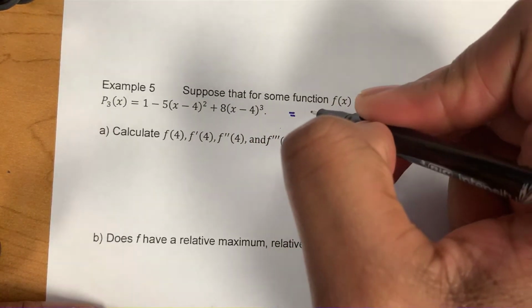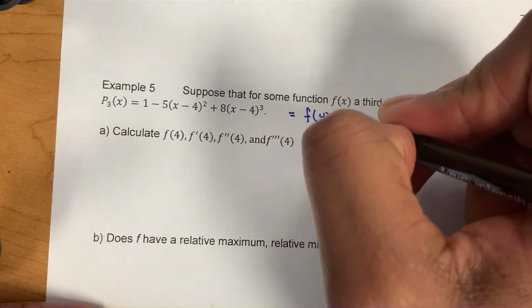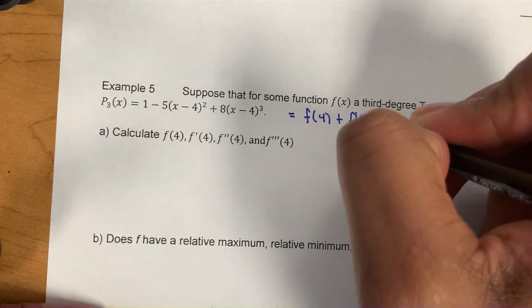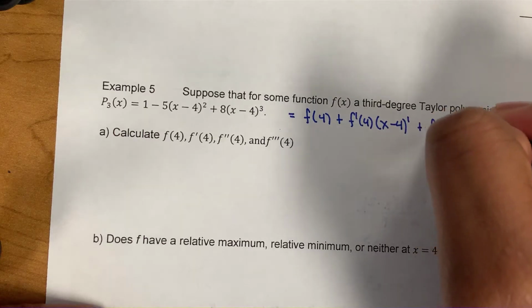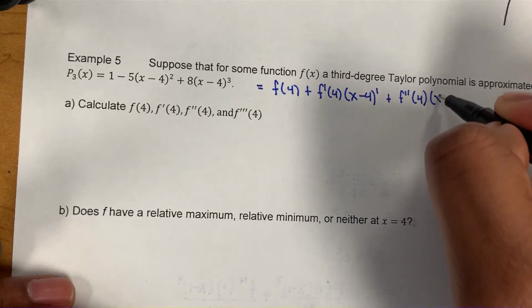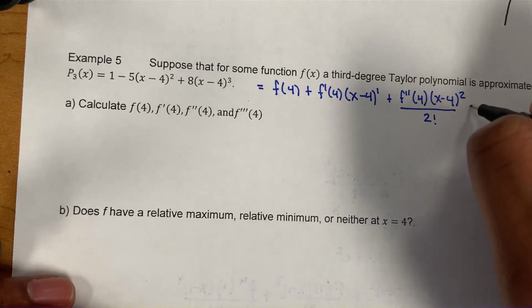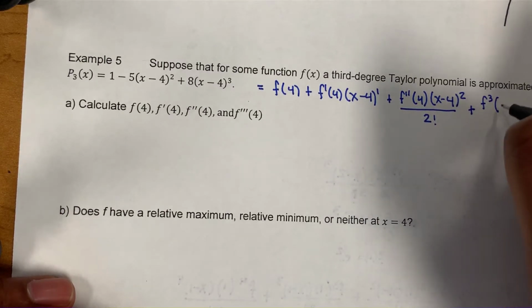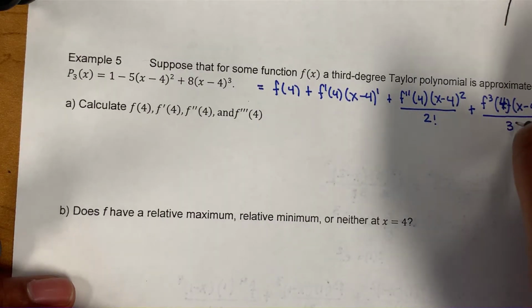We're going to have f of 4 plus f prime of 4 times x minus 4 to the 1st power plus the second derivative evaluated at 4 times x minus 4 squared over 2 factorial. Then we're going to have the third derivative evaluated at 4 times x minus 4 cubed, and that's going to be over 3 factorial.